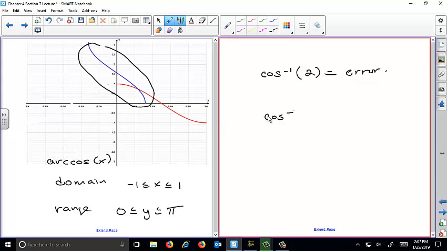If I did the inverse cosine of 0.5, I'm in degrees, so what angle has a cosine of 0.5? The answer would be 60 degrees, or pi over 3. And if I did the inverse cosine of negative 0.5, I get 120 degrees, or 2 pi over 3.